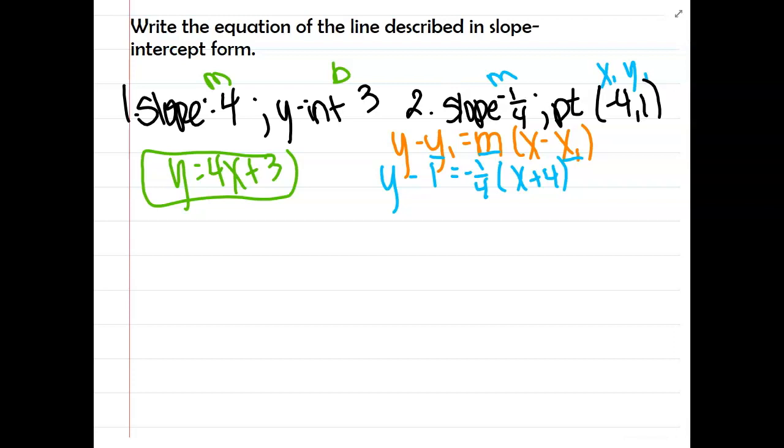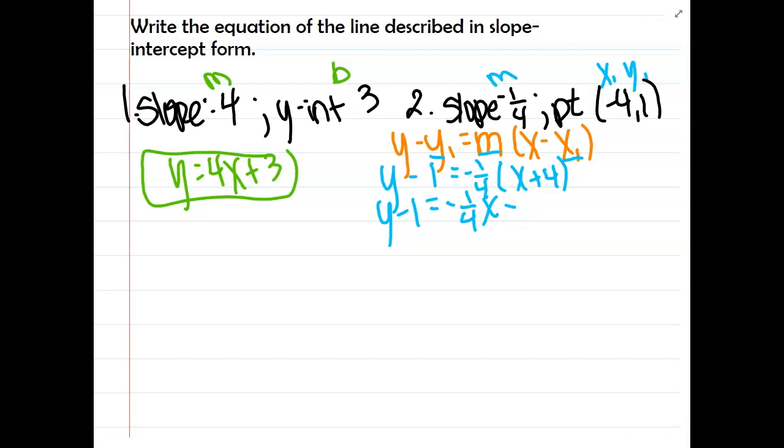Congratulations! But we want to put it into y equals. So there's always 2 steps. First thing, distribute your slope. Leave the y minus 1 the same. When I distribute my slope, negative 1/4 times x is just negative 1/4 x. Now negative 1/4 times 4, a negative times a positive, is going to be negative.